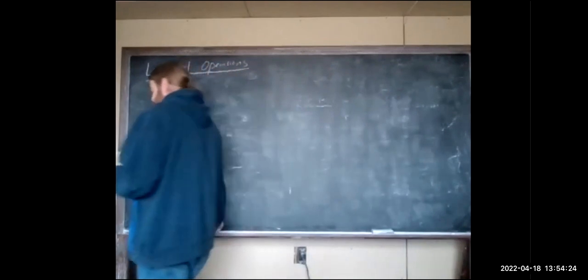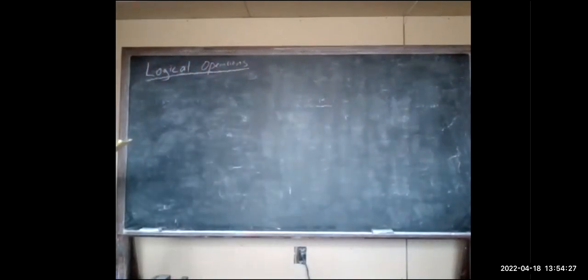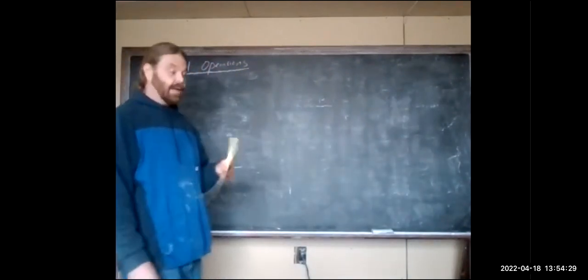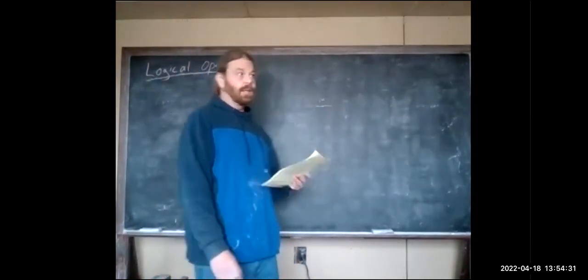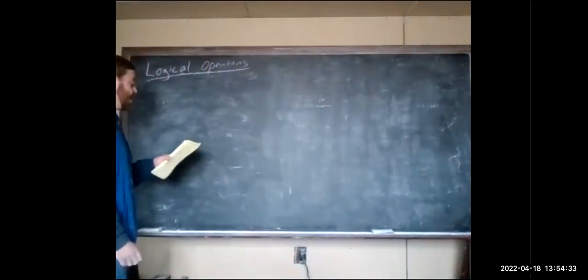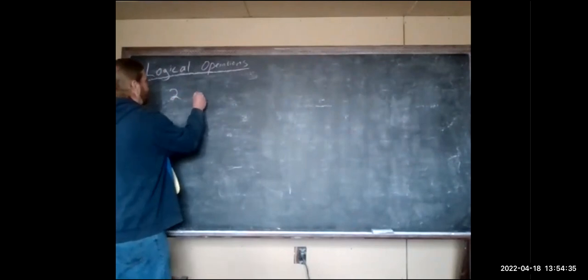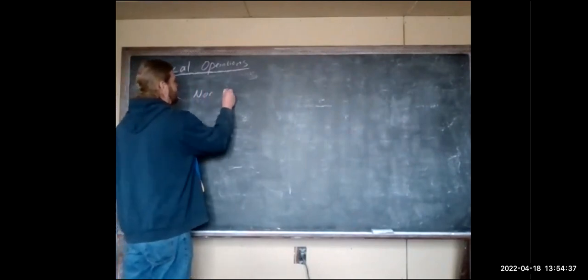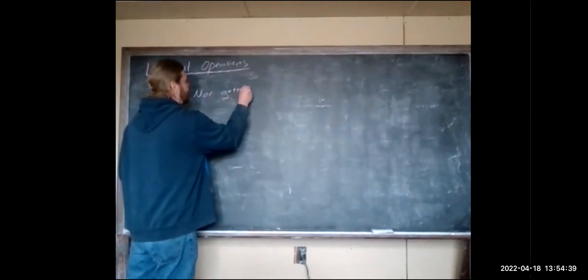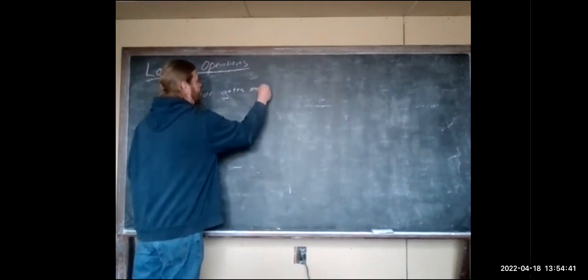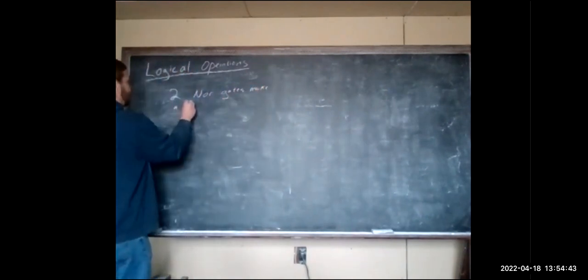So the next thing I wanted to talk about, a question was asked earlier about memory. I think it was this class, but 2 NOR gates make a bit of memory.